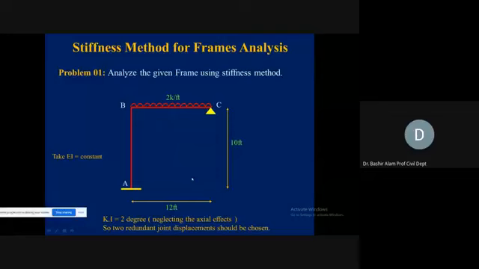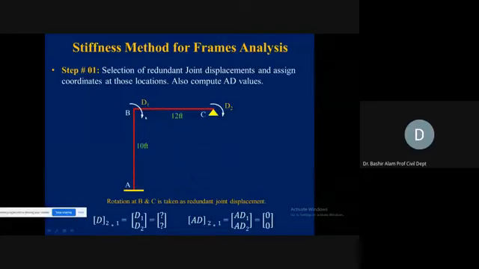If we go to the next slide, here you see rotation at B, clockwise rotation, I am assuming this is D1, and clockwise rotation at C, I am assuming this is D2. So these are becoming my unknown joint displacements. And this is how we call this 2 degree indeterminate.